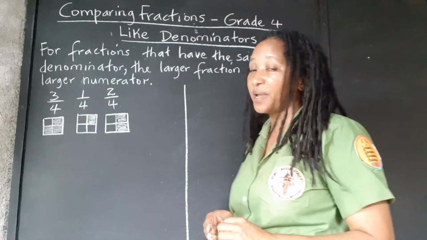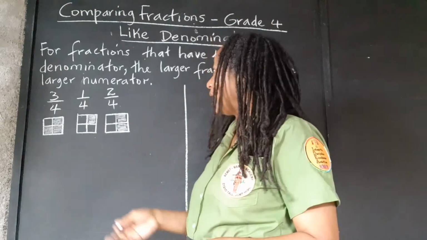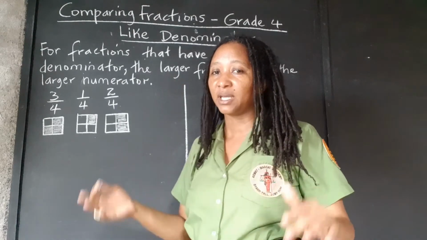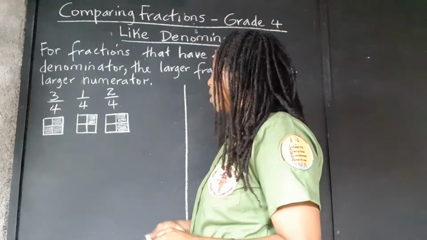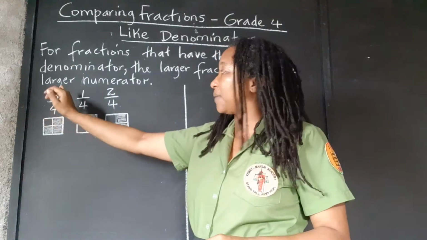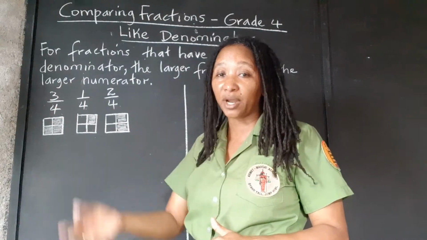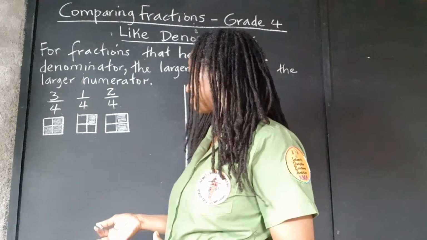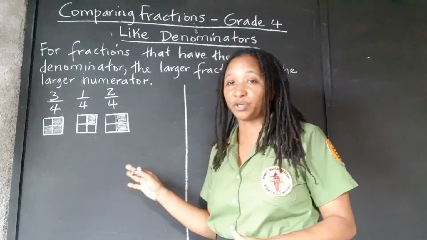So whenever you're comparing fractions with the same denominator, it's different for fractions with different denominators, right? When you're comparing fractions with the same denominator, simply look at the numerator, and the biggest number represents the biggest fraction. So it's pretty straightforward for this.